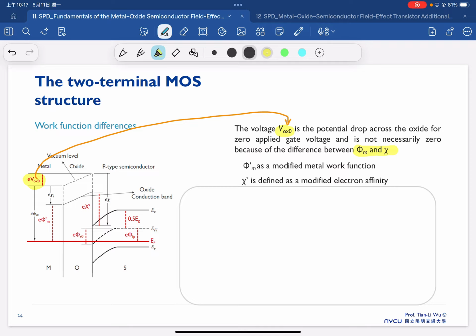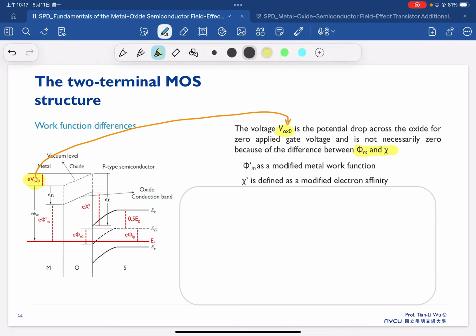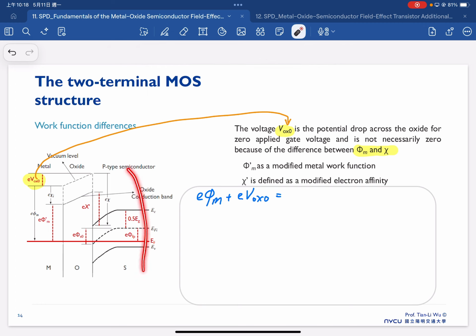So now we define phi m prime as a modified work function, and chi prime as a modified electron affinity, and with everything put on the left hand side, metal work function plus this voltage drop, which is E phi m plus E VOX0, that would be equal to everything on the right hand side, which is electron affinity plus half band gap, minus E phi S0, but again plus E phi FP.